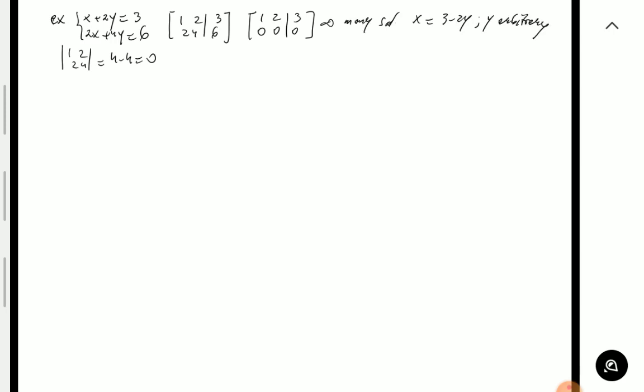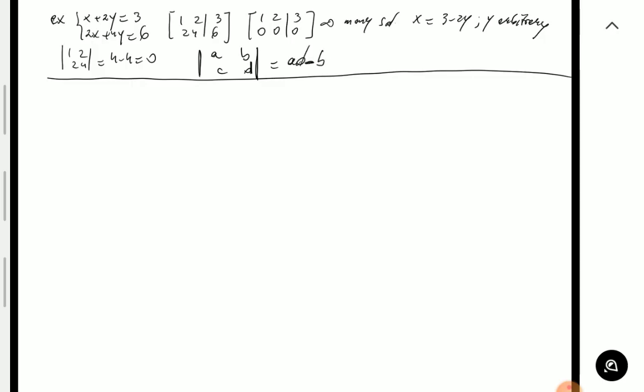Now, obviously, if there was a different number besides 6, then you'd have no solutions, because the last row would end with a non-zero entry. So let's write down one more time: the determinant of a 2 by 2 matrix A, B, C, D is equal to AD minus BC.